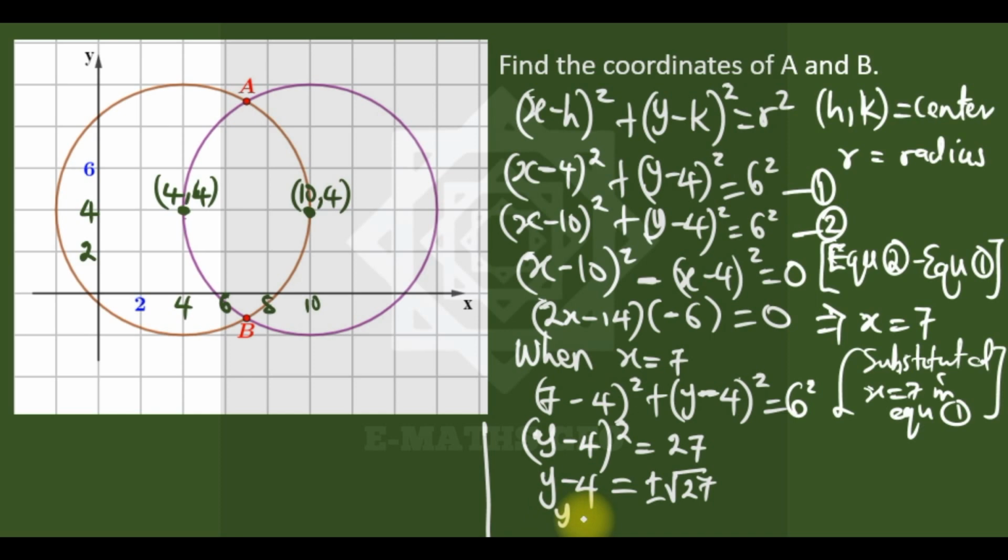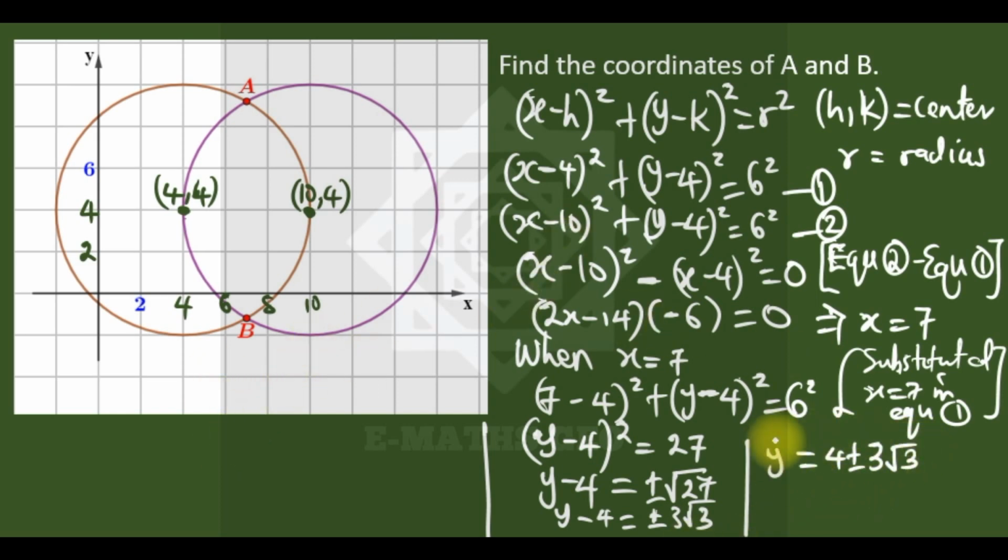The square root of 27 has a perfect square, which is 9, so it is plus or minus 3 root 3. Therefore y equals 4 plus or minus 3 root 3.